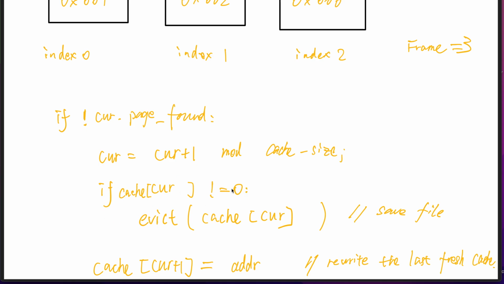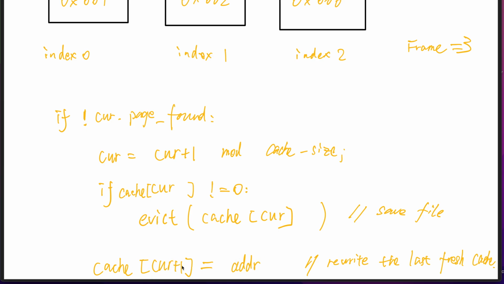Otherwise, if there's something inside of the cache, we have to evict that memory, which means we need to store it on our disk and then put something back. So that will be the logic unit to handle that part.